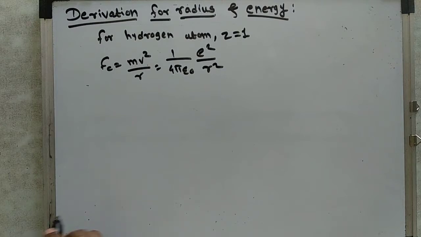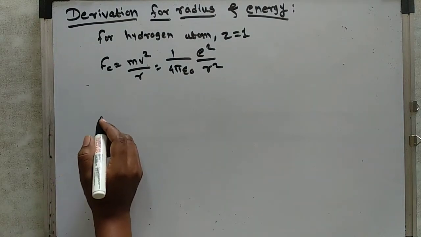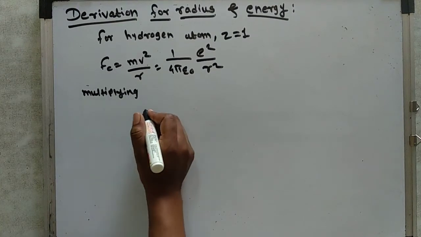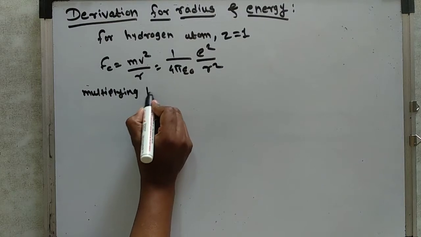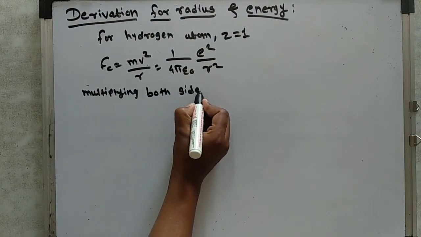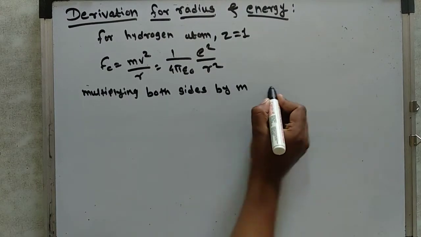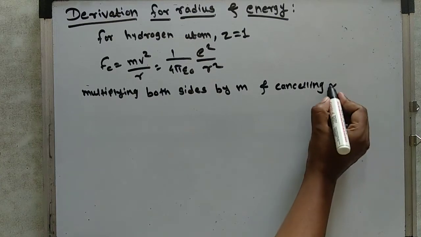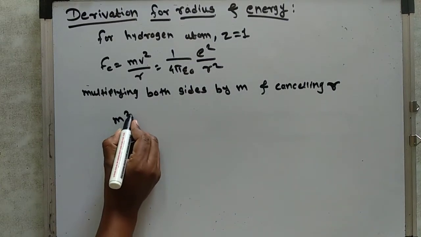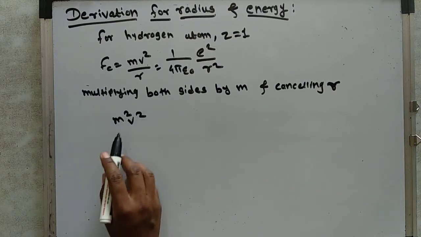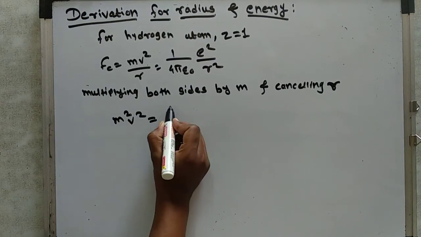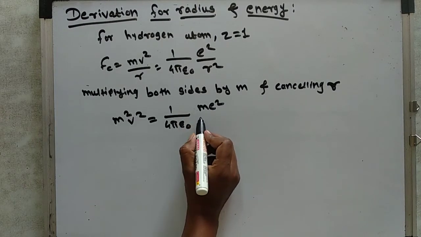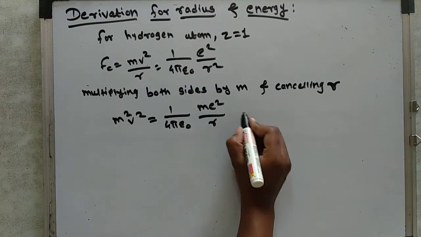Multiplying both sides by m and cancelling r, we get m square v square is equal to 1 upon 4 pi epsilon naught m e square upon r. Equation number first.